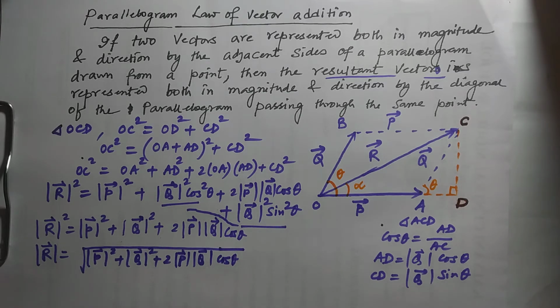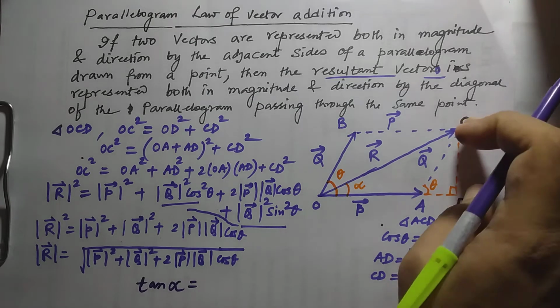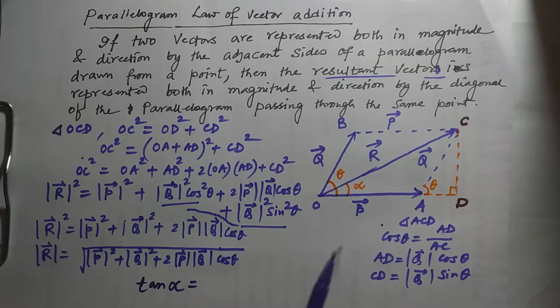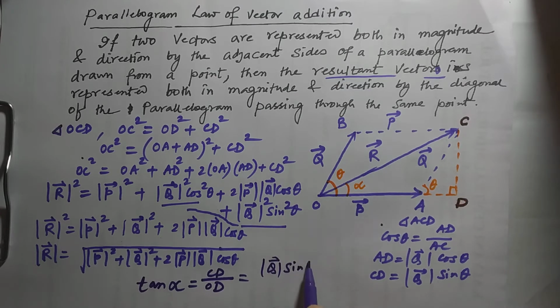Same type of angles, tan alpha. If you want to find out the angle between the two vectors, find it. Tan alpha is equal to perpendicular by base, means CD by OD. CD is what? CD means Q vector sin theta.